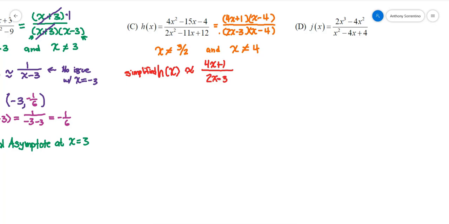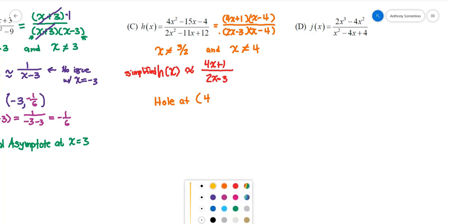The fact that the x minus 4 is canceled, and that was the issue that caused me to have x equaling 4 as a domain restriction to begin with, indicates that I have a hole where x equals 4. Of course, I have to do a side problem down here. I've got to say, okay, well, what's h of 4?